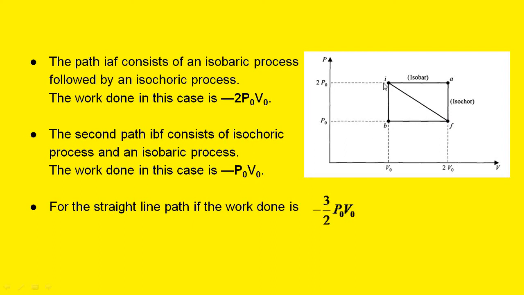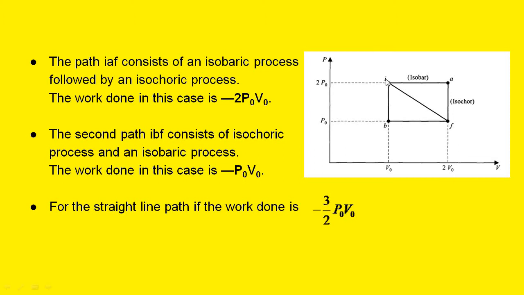The triangle's area you can write as half base into height: half into 2P0 minus P0, which is P0, and 2V0 minus V0, which is V0, so half P0 V0. So P0 V0 plus half P0 V0 gives 3 by 2 P0 V0.